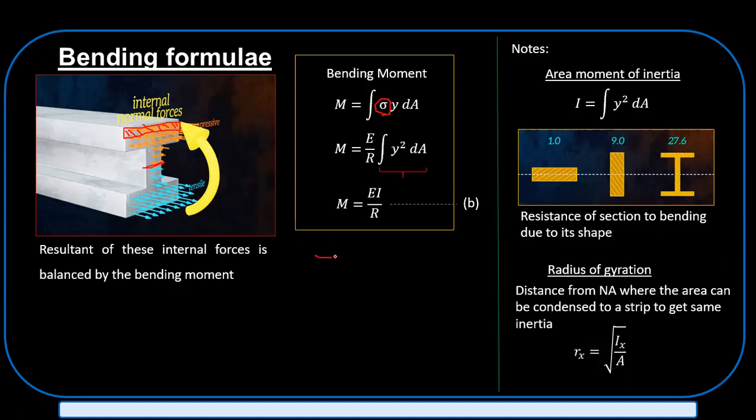So you get a small area where the stress is sigma. Stress into area is called force. We call this area dA, so this is the force.